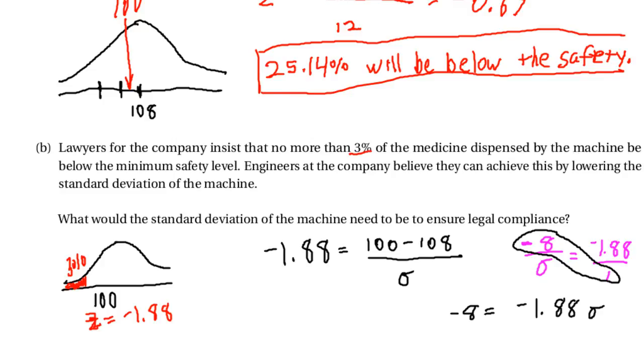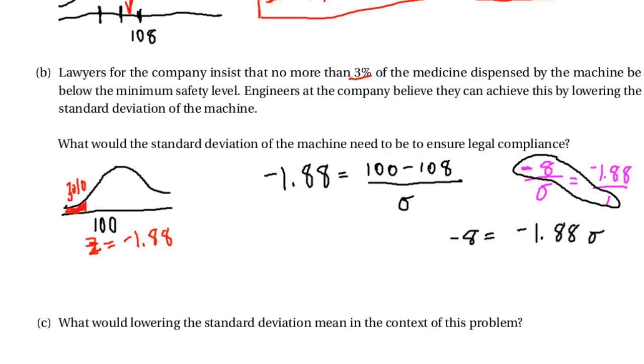I need to get the sigma by itself. So actually I'm going to erase this and make it look more like an 8 real quick. Negative 8. To get the sigma by itself, I'm going to divide both sides by negative 1.88.